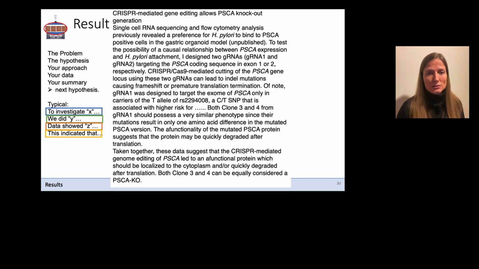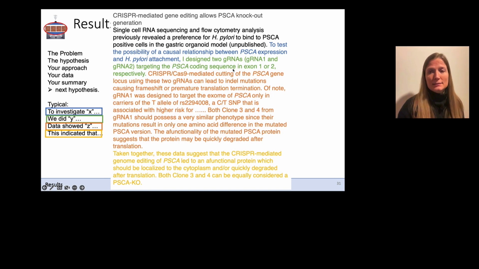How did this person describe this? Again, we can mark it with our colors, and it states here, this was the overall problem. Then, to test the possibility of a causal relationship between PSCA expression and Helicobacter attachment, I did this and that.